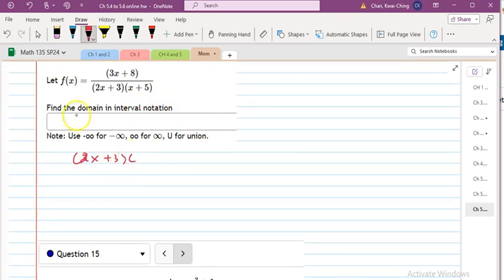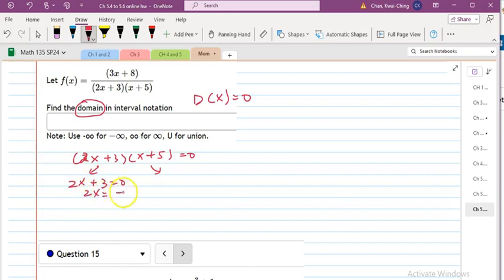So solve d of x equal to 0. X plus 5 is equal to 0. Split. Okay. 2x plus 3 equal to 0. 2x equal to negative 3. X equal to negative 3 over 2. X is equal to negative 5.